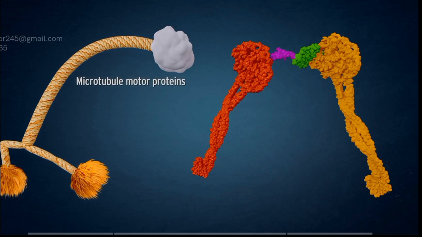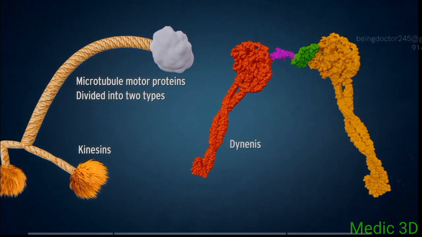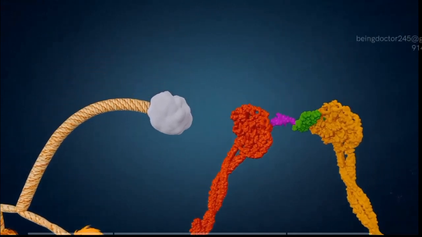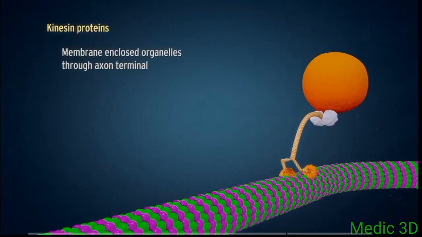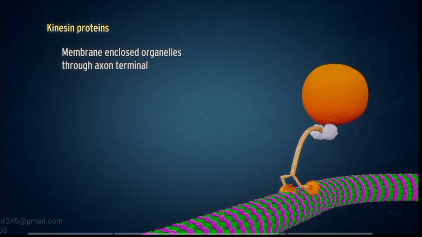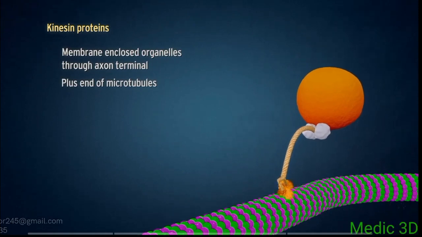The microtubule motor proteins are in turn divided into two types: kinesins and dyneins. The kinesin proteins carry the membrane-enclosed organelles through axon terminal, walking towards the plus end of microtubules.